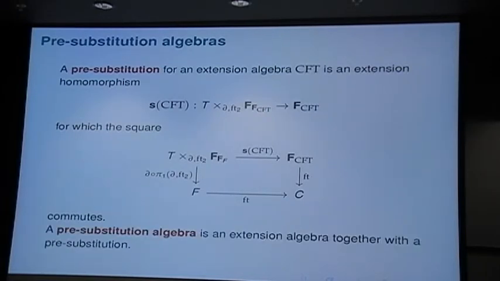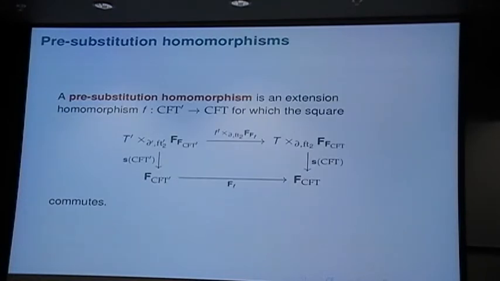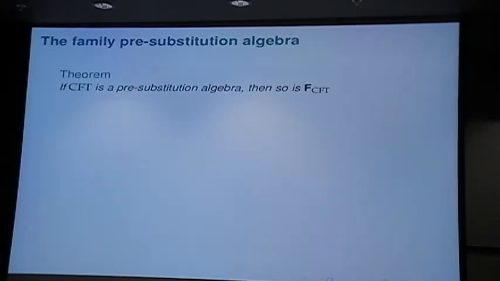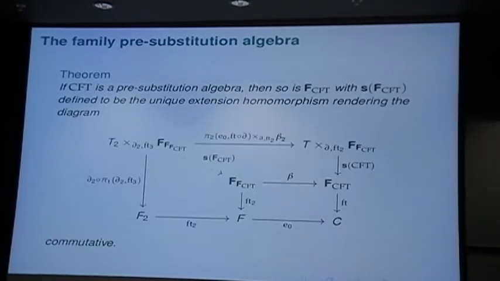And then a pre-substitution algebra is one which has substitution. Why did I call it pre-substitution? Well, it's the substitution homomorphism. Should I call it pre-substitution? Okay, so a pre-substitution homomorphism is one that preserves the substitution, so one that commutes. This is stable under slicing because you can define it by pullback.